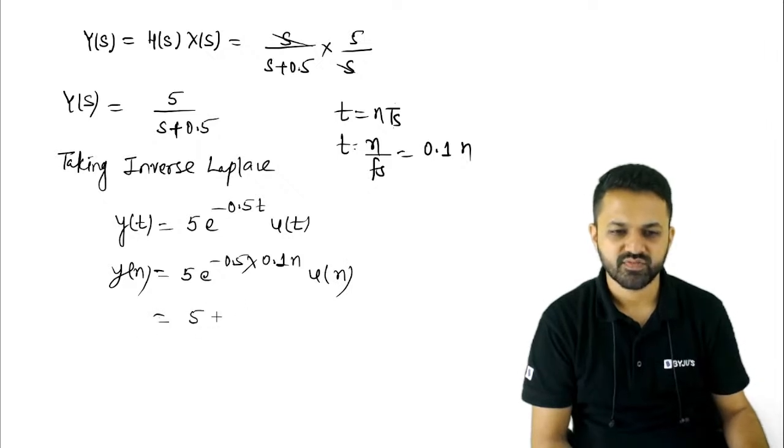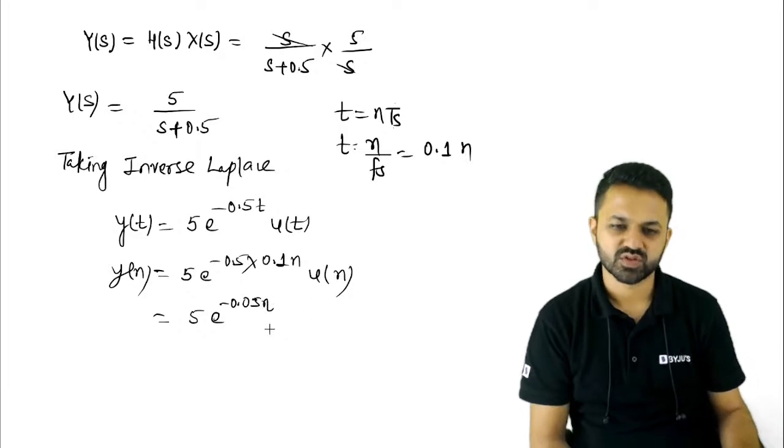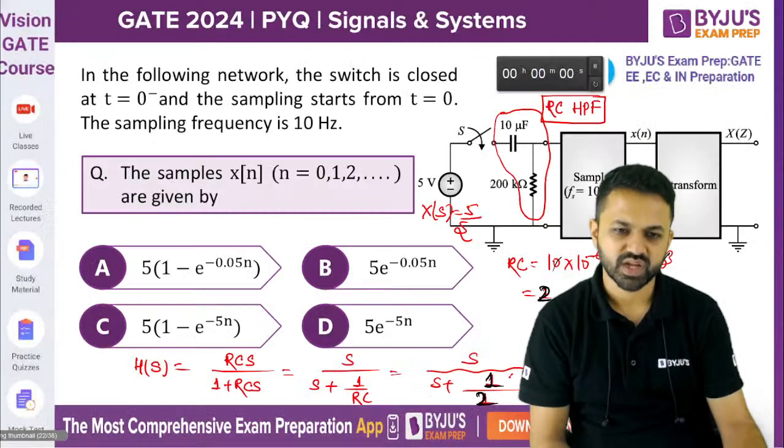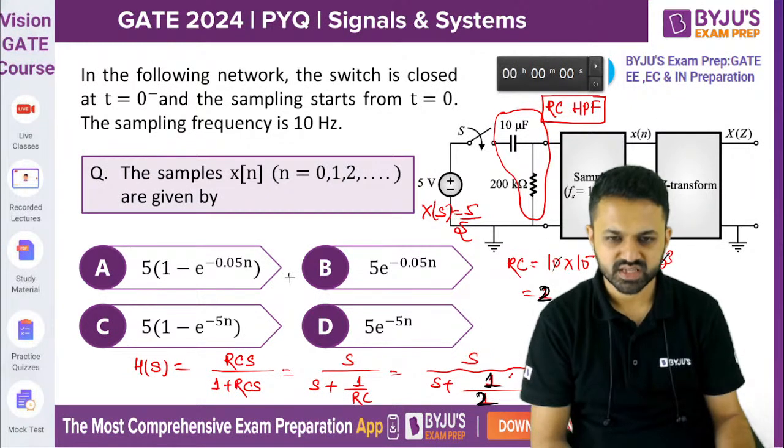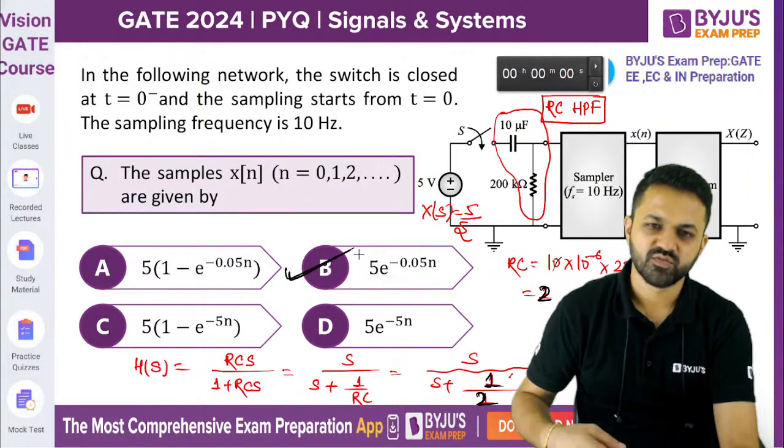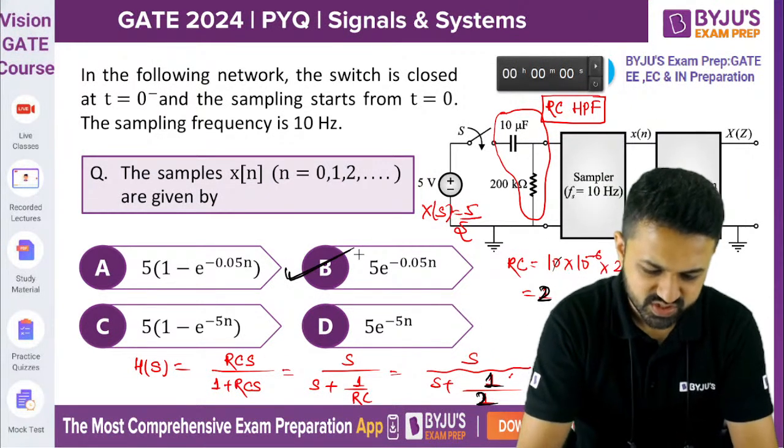So it is 5 e to the power minus 0.05n. That will be our answer. Option B would be the right answer for this question.